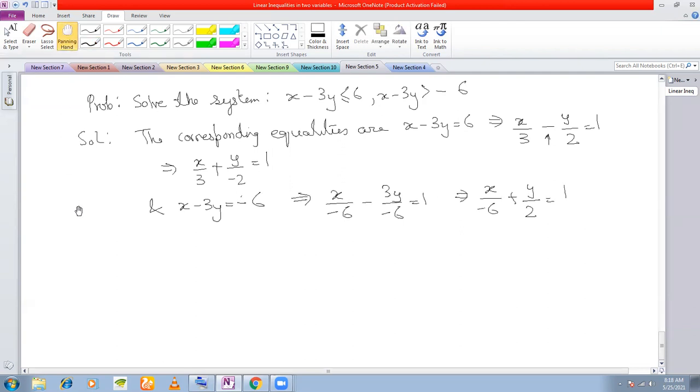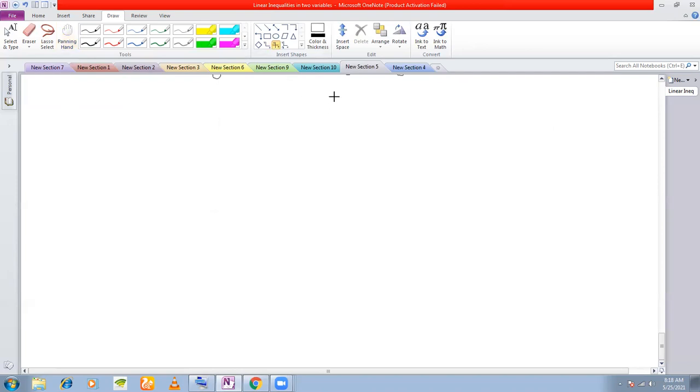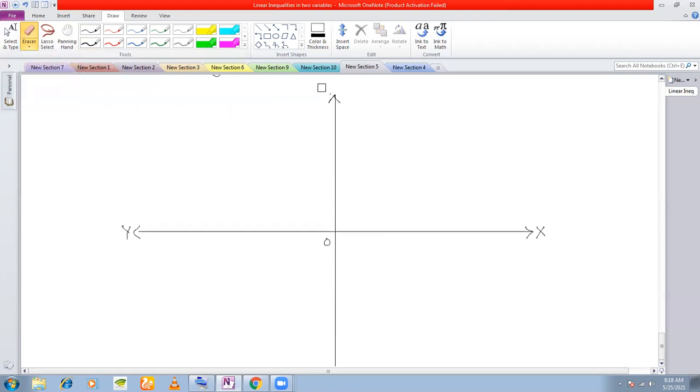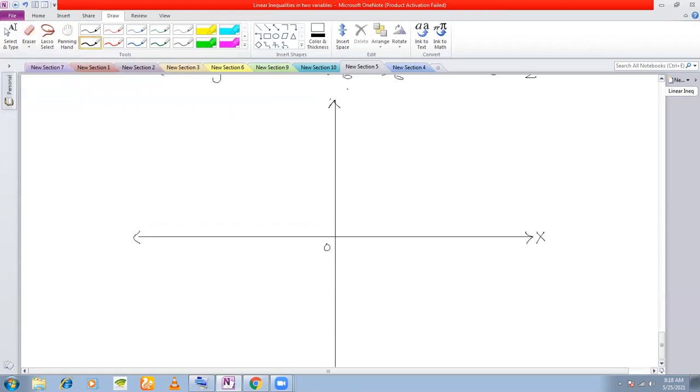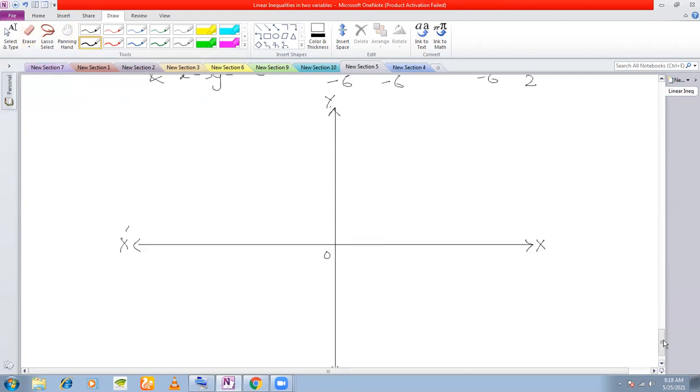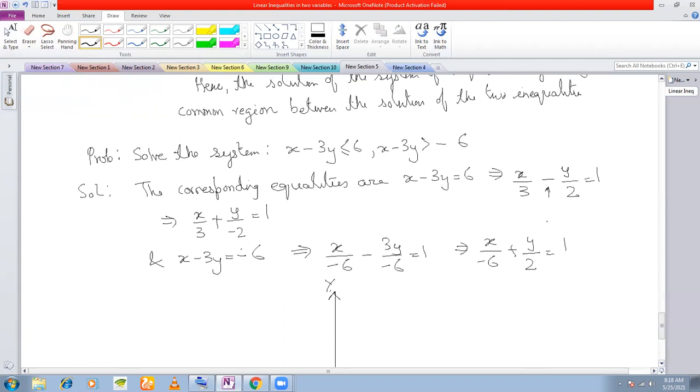Okay, now we shall draw the straight lines. For the first straight line, below x, how much you have? 3.